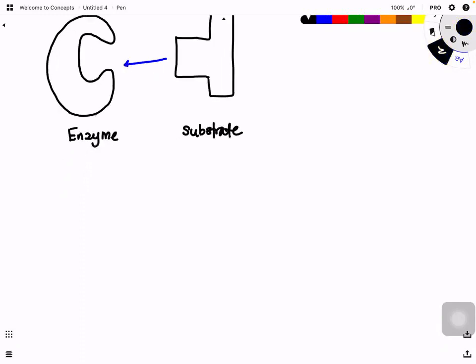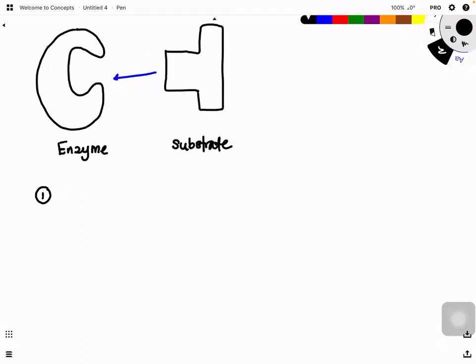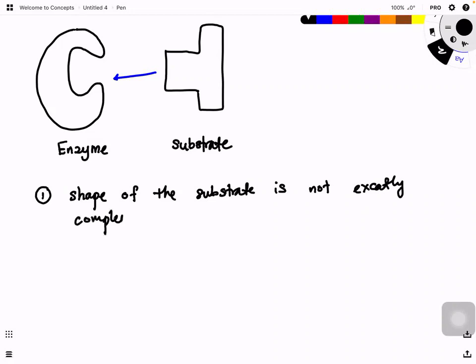So first, okay, this is what you have to mention. So the shape of the substrate is not exactly complementary to the shapes of the active sites.